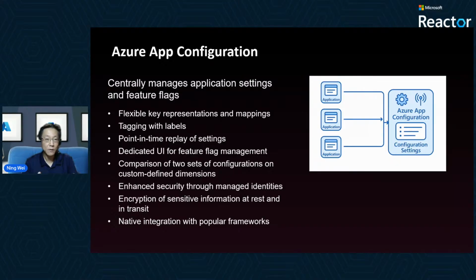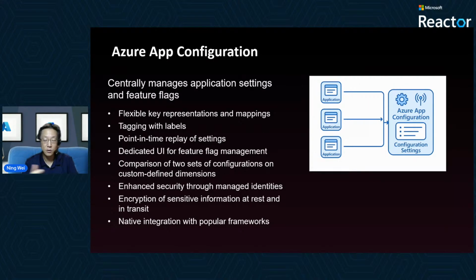So what App Configuration does is that it helps you centralize the management of application settings. So you can centralize the storage of settings for different applications, different application environments. It also allows you to implement feature flags, which can enable dynamic behavior of the application.